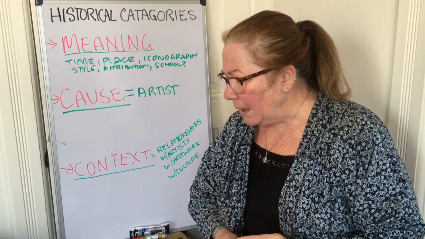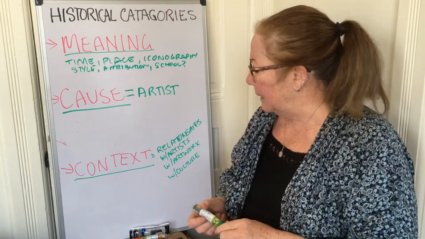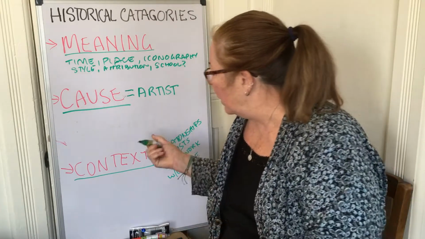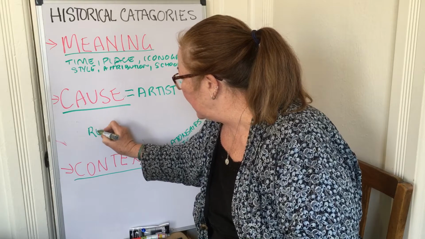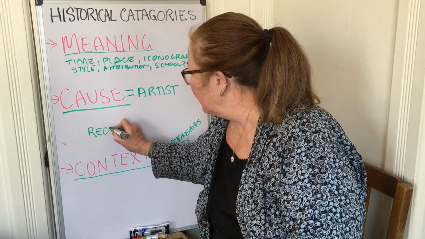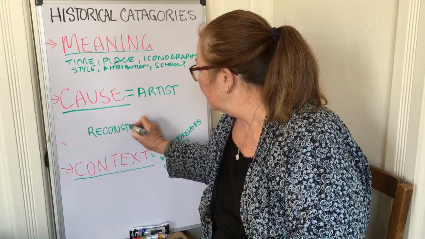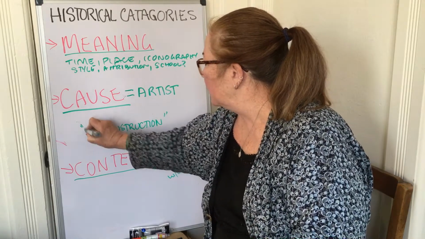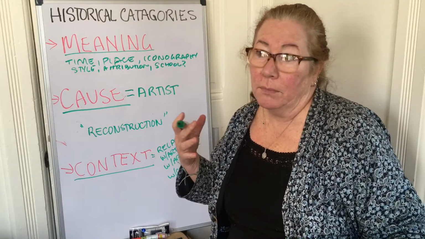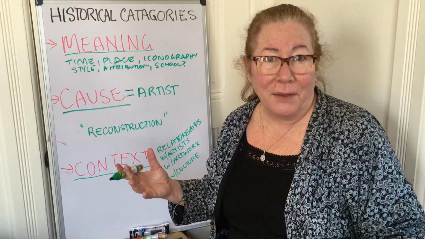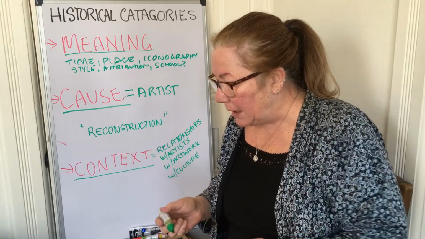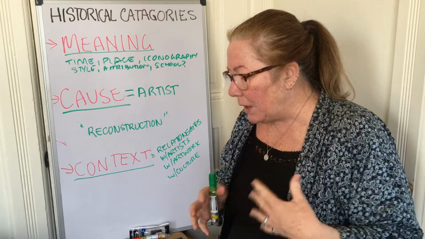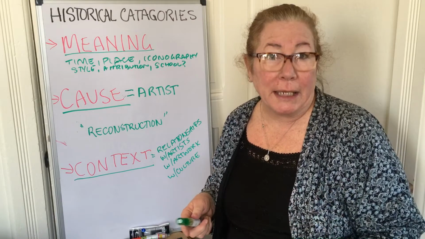So art historians recognize this, and many feel that our reconstruction of art history, that's sometimes just guessing at stuff that happened in the past, is distorted, right?